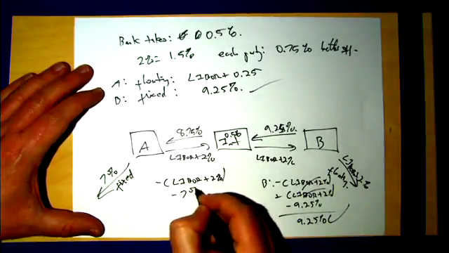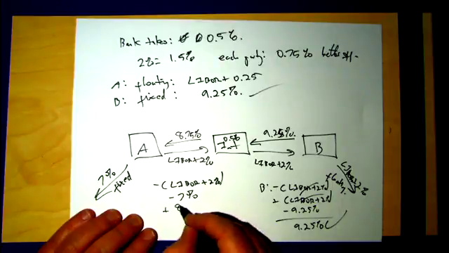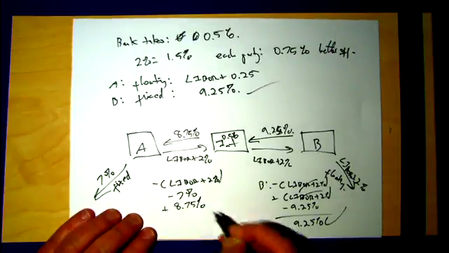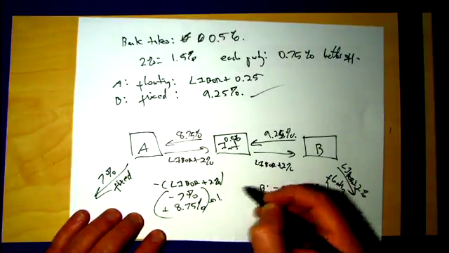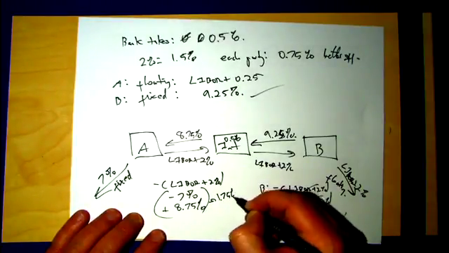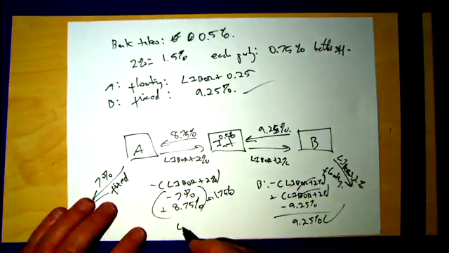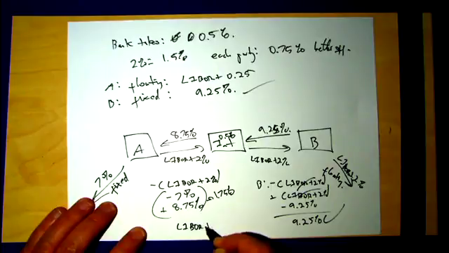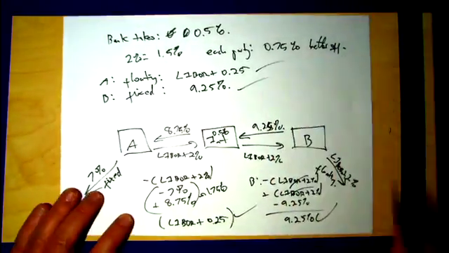It pays out 7%, and it receives 8.75%. So it's got a positive cash flow of 1.75%. So 2% minus 1.75% gives me LIBOR plus 0.25, right, as required.